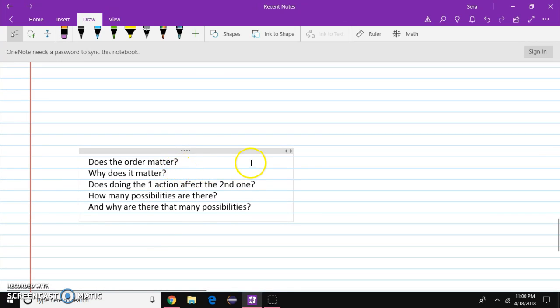Is it a permutation or a combination? Why is it a permutation or combination? Is it an independent event where one action does not affect the other, or is it a dependent event where one action does affect the other, like the 2 examples I showed? How many solutions are there in total? Are they asking about it in total, like the entire thing?